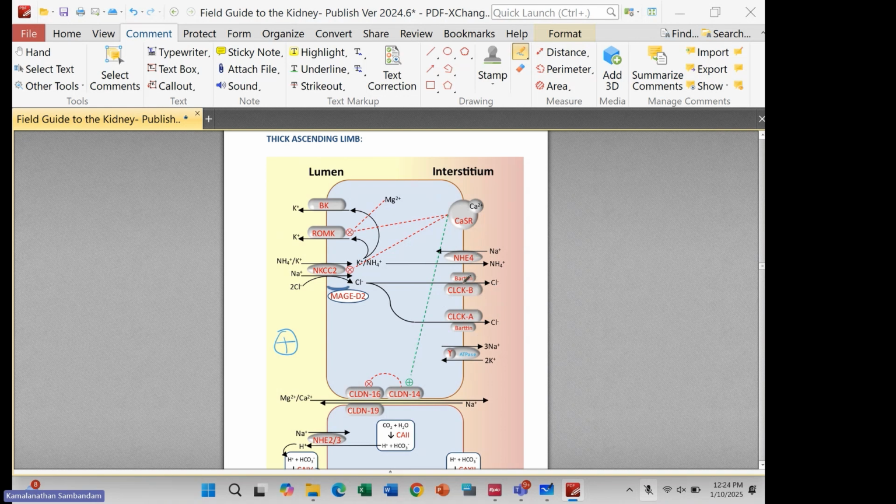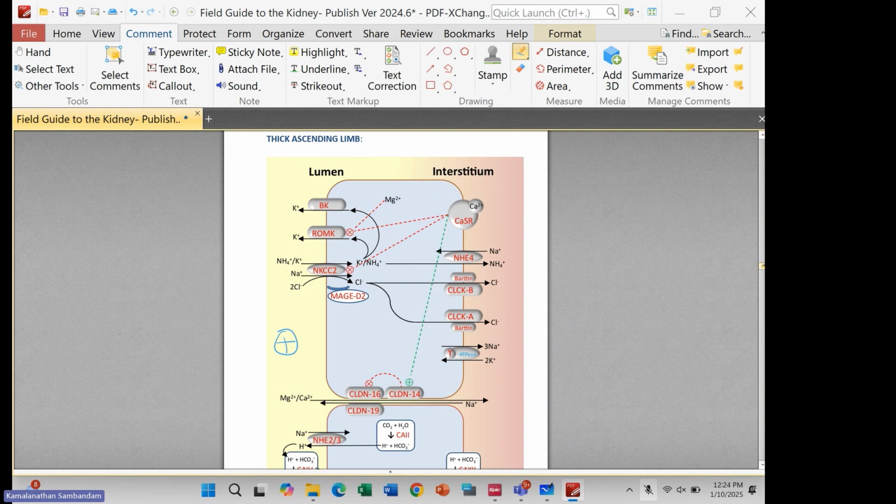These are all mutations that can result in Bartter's. These are all, including this gamma subunit of sodium potassium ATPase. These would all ultimately influence the creation of a lumen positive potential difference and therefore impair magnesium reclamation through the paracellular pathway.